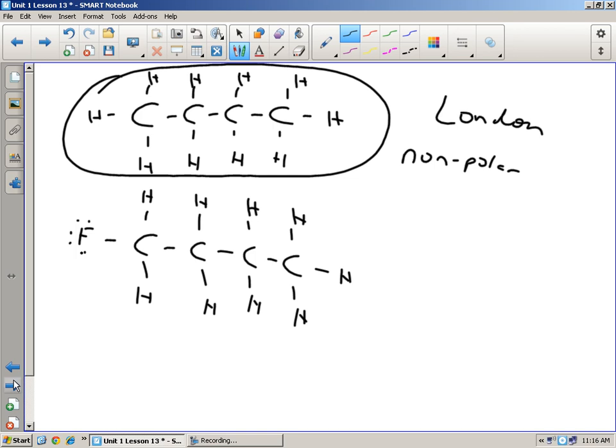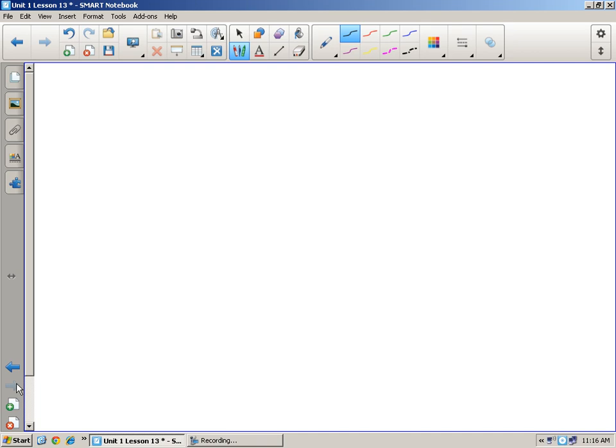Are we going to have a polar end to this molecule? Absolutely. Probably the negative end over here. Probably the positive end kind of over here-ish more, right? So we would say that this is most certainly polar, and in this case, dipole-dipole. Even though we have a bunch of H's and an F in that formula, doesn't mean they're connected together, okay? So, polar, dipole-dipole.